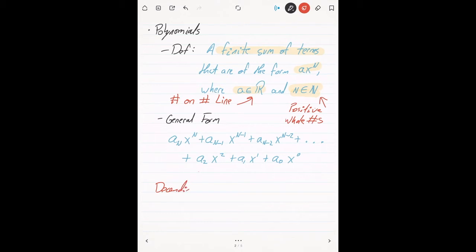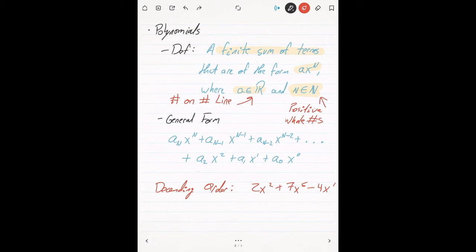Let's say I had the terms 2x squared plus 7x to the fifth minus 4x to the first. If I wanted to work with this, first off, is it a polynomial? Well, yes, it is. We have real number times x to a whole number power, real number times x to a whole number power, and same thing here.